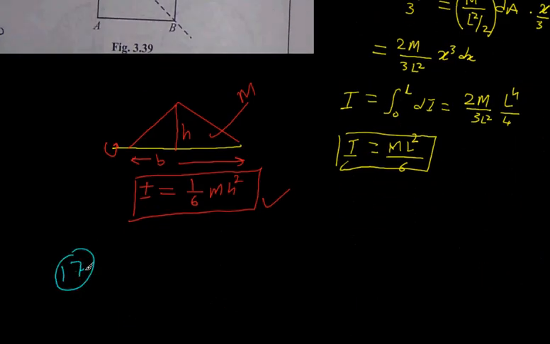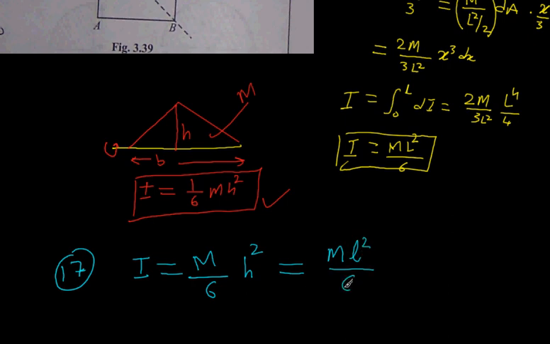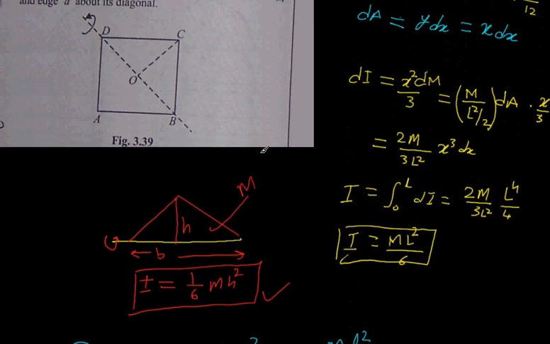Without doing any derivation, you can simply write I is equal to total mass by 6 into height square, and your height is L, so I is ML square by 6. Done.